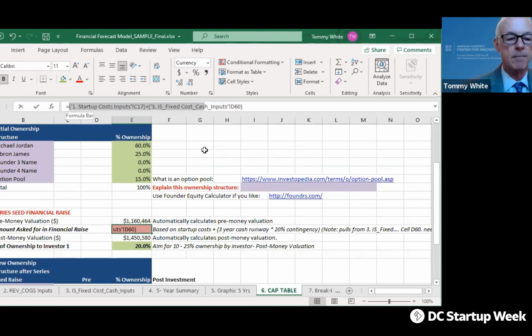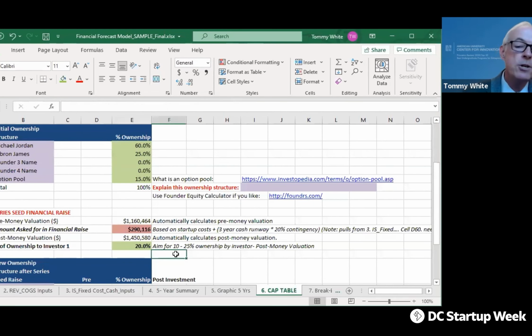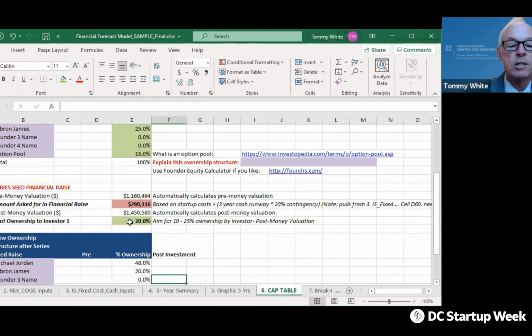And so by doing this, this gives us a little bit of an idea of how much money we need to raise to run our business till we're cash flow positive. We need, in this case, $290,000 for our startup costs plus the 16-month cash runway. Then you can use this to sort of figure out how much equity you want to exchange for that cash to then have that money come in.